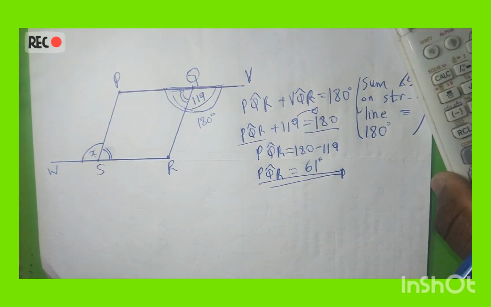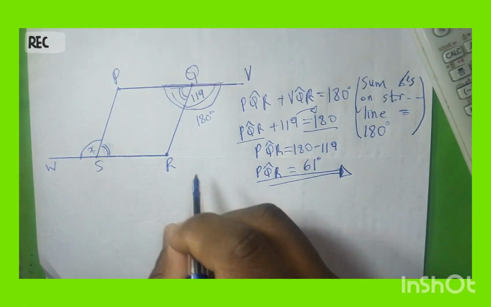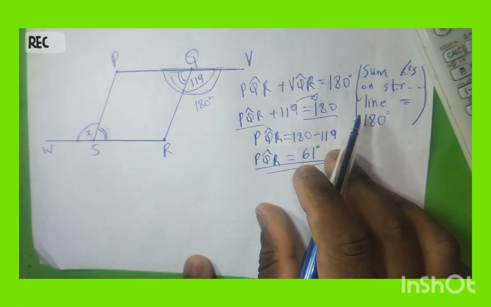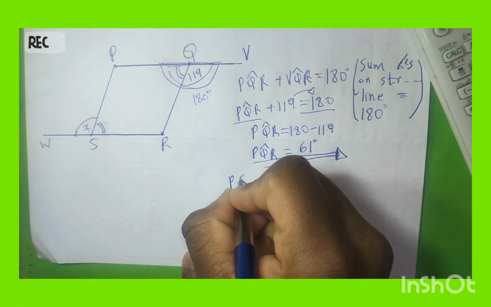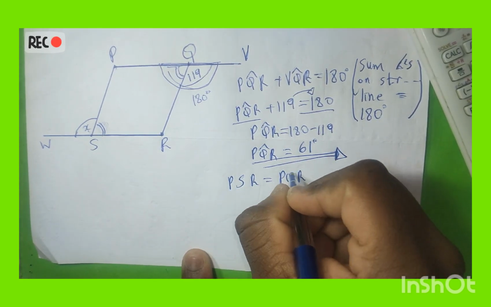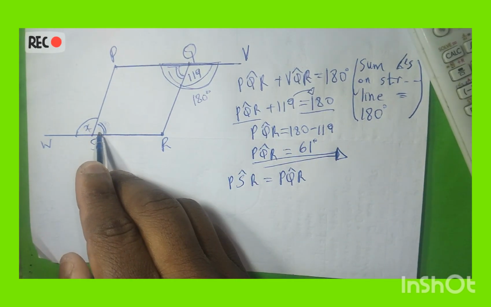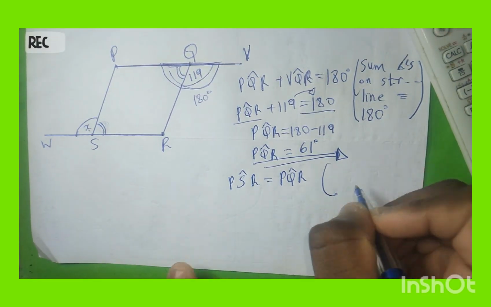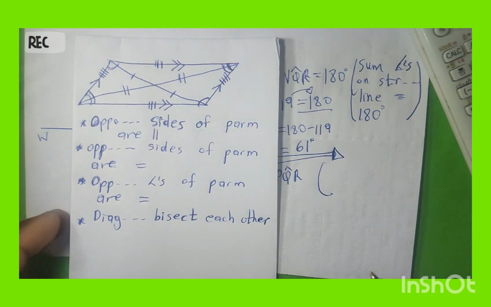Now I know that these two angles are equal. I can say PSR is equal to PQR. This is equal to that one. The reason is that this is a parallelogram.